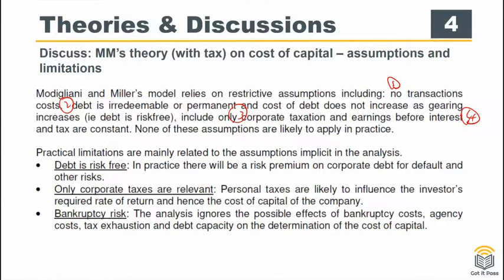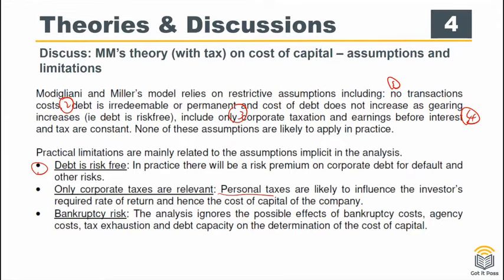And practical limitations, for example, debt is risk-free. Is it true? In practice, there will be a risk premium on corporate debts for defaults and other risks. And for tax, it assumes only corporate tax is relevant, but not the others. Sometimes personal tax is very important, especially as it will influence the investors' required rate of return, so the cost of capital will be affected as well.